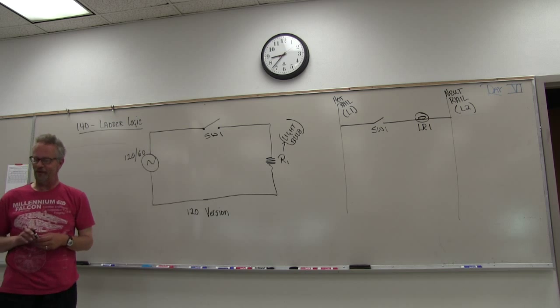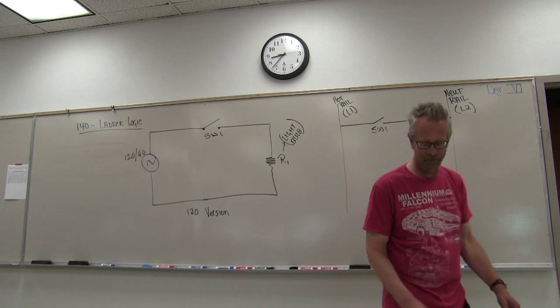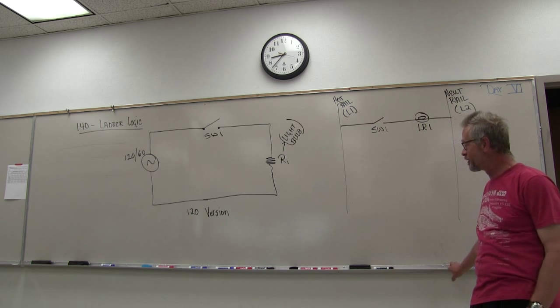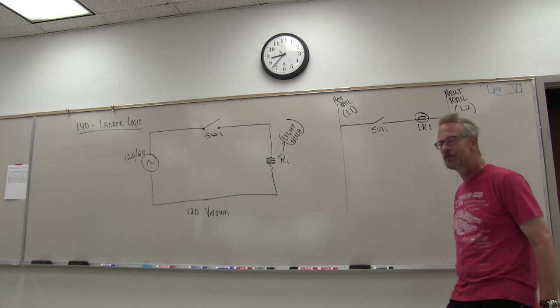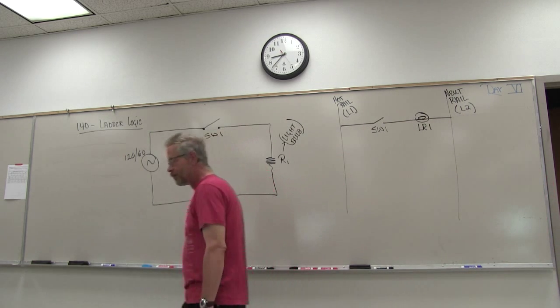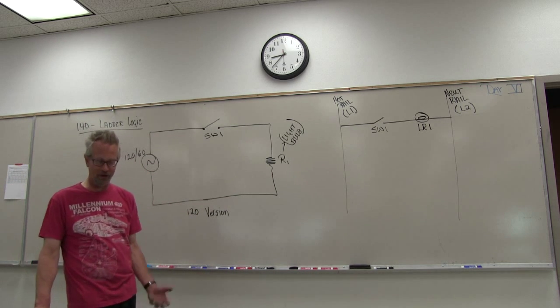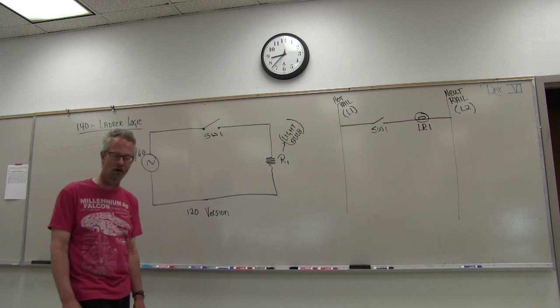What does the L stand for? Load? Nope. Line. Okay, we generally refer to this, when somebody says line voltage, they're usually talking about 120/60. When somebody says, do you have a line cord? They're usually talking about one of those cords that goes in the back of a computer. It has the 3 prongs and the 3 holes.